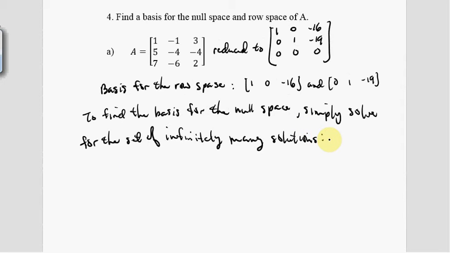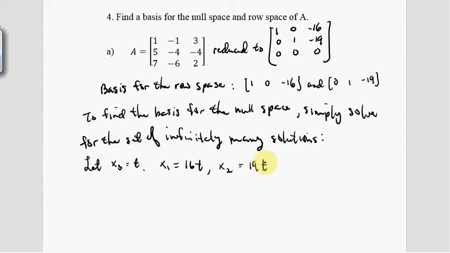So here, what I have is let x sub 3 equal t. And so I get, do you see that x sub 1 is equal to 16t? And x sub 2 is equal to 19t?